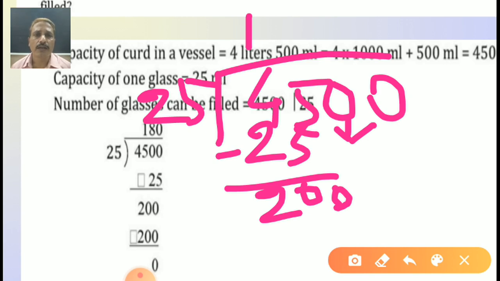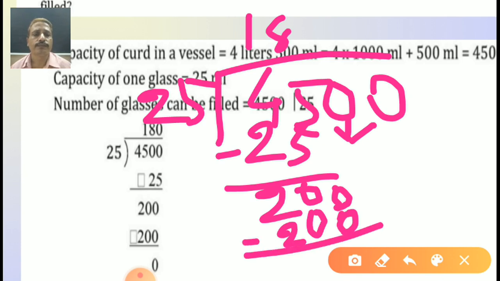Now 25 table up to 200. 25 4s are 100. So for 200, how many do we need? 4 2s are 8. So 8, and here is the 200. Understood? Now subtract: 200 minus 200 is 0.